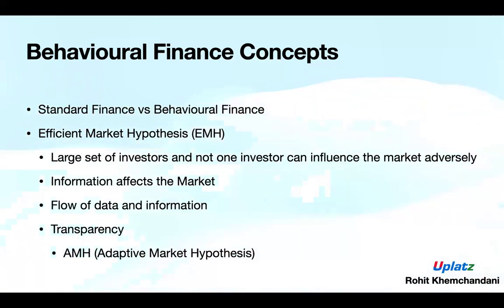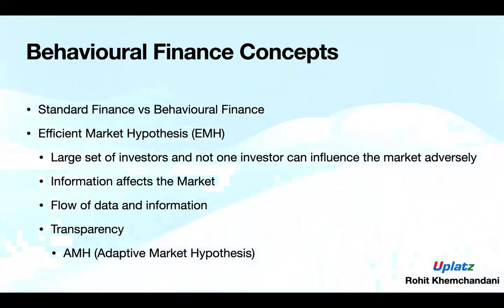So now if I have heard news that some corporate action has been taken, and in my mind I feel the stock price can go up or can go down, I'm just figuring it out. At the same time, when I see that price, what the EMH theory suggests is that the effect is already there on the price, and now I cannot do anything about it.